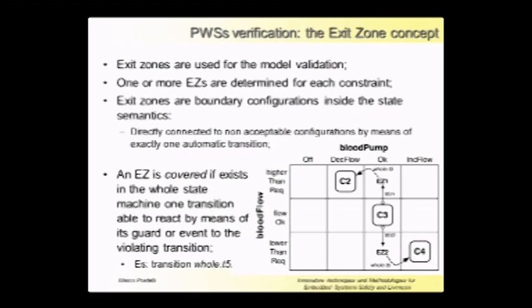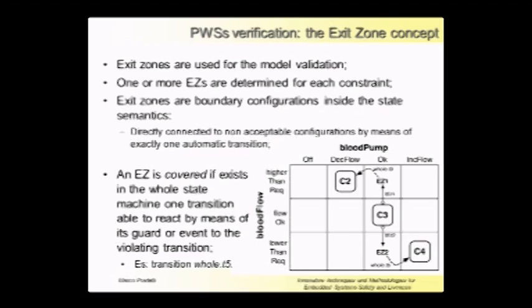This means that once the system is executed, when the controller is installed and executed, this configuration represents a violation of the state constraint. So we need to cover the exit zone from the point of view of the verification. That means to provide a transition in the whole section, therefore in the controller, that is able to react to this configuration, to this violation of the constraint.